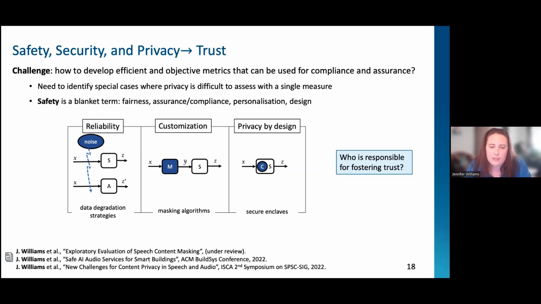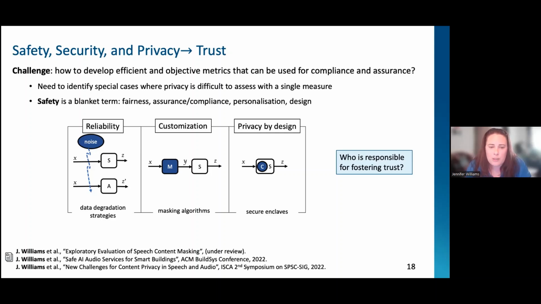And the second one, customization, we can use a masking algorithm. This is something where we remove information, specifically a type of information from the signal, and then go ahead and input that result into some target task. In privacy by design, this can be something like a secure enclave that would prevent information leakage within a device.